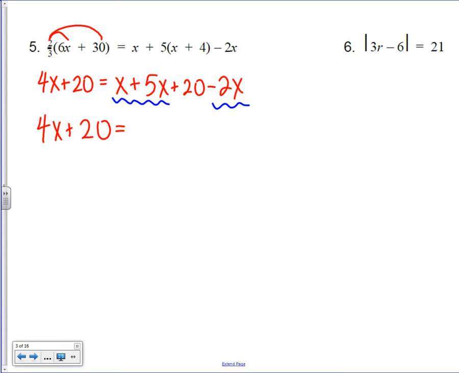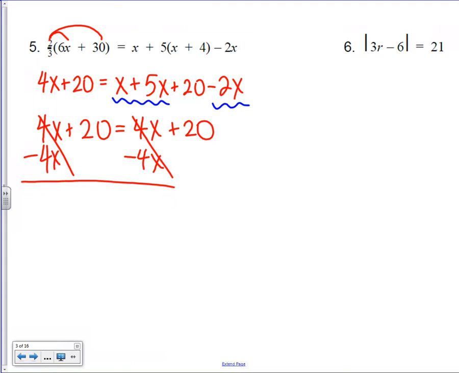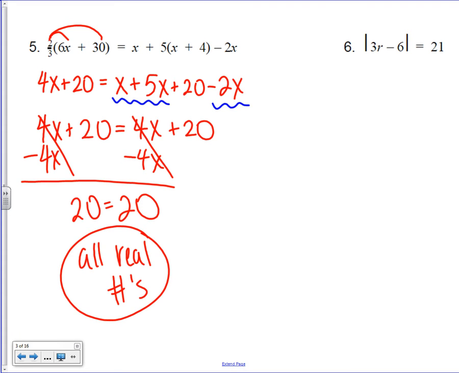If I put them all together, I get 4 x's. Well, if we move our variables together, you'll see that the variables cancel out and we get 20 equals 20. Is that true or false? Well, 20 does equal 20. So this is all real numbers. Any number that you can think of will work.